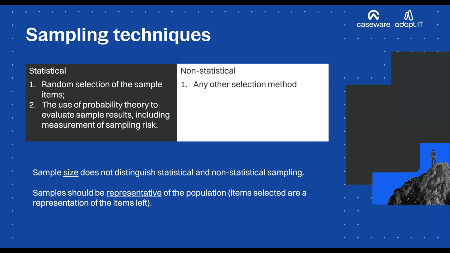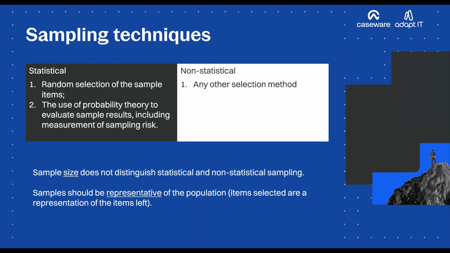Sampling risk being that risk that we conclude incorrectly, like we said, that the test of controls are not operating effectively, but in fact they actually are, or the other way around. All right, so in statistical sampling selection, to pick the items, I need to have a random selection and use probability theory. If I only have a random selection and no probability theory, I don't qualify as statistical, I'll go non-statistical. All right, or any other way.